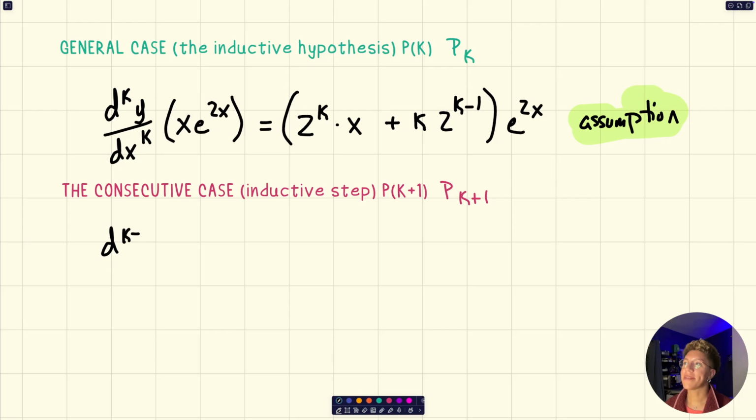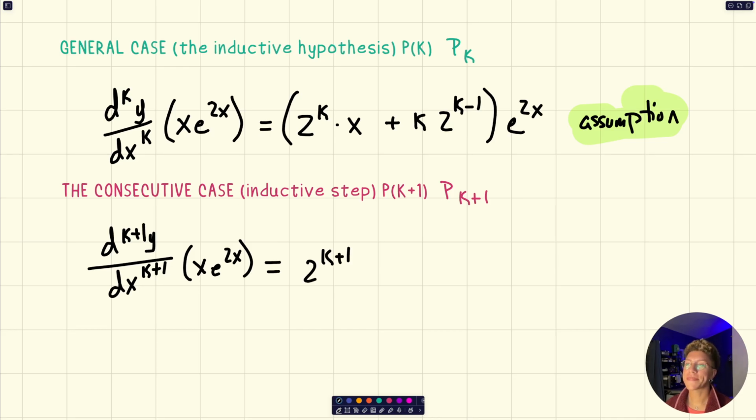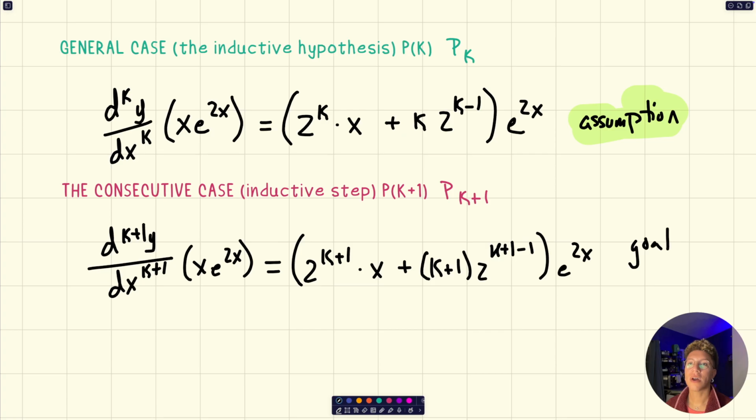So we say d to the k plus 1 of y over dx to the k plus 1, the k plus 1th derivative of x e to the 2x is equal to 2 to the k plus 1 times x plus k plus 1 times 2 to the k plus 1 minus 1, times e to the 2x. And this is our goal or our claim to be proven based on our assumption. And as always, this is in blue.